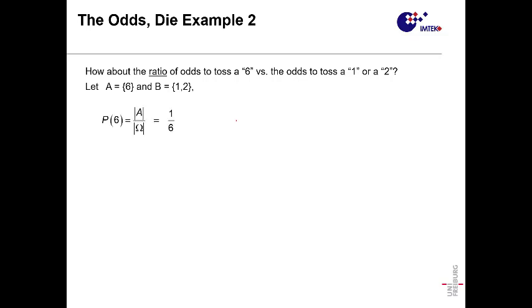The probability to get a 6, we already saw, is 1/6. The probability to not get a 6 is 5/6. So the odds of this is the ratio. Now the probability to get a 1 or a 2, you have two possibilities, so it's 2/6. And 1 minus that probability gives you 4/6.